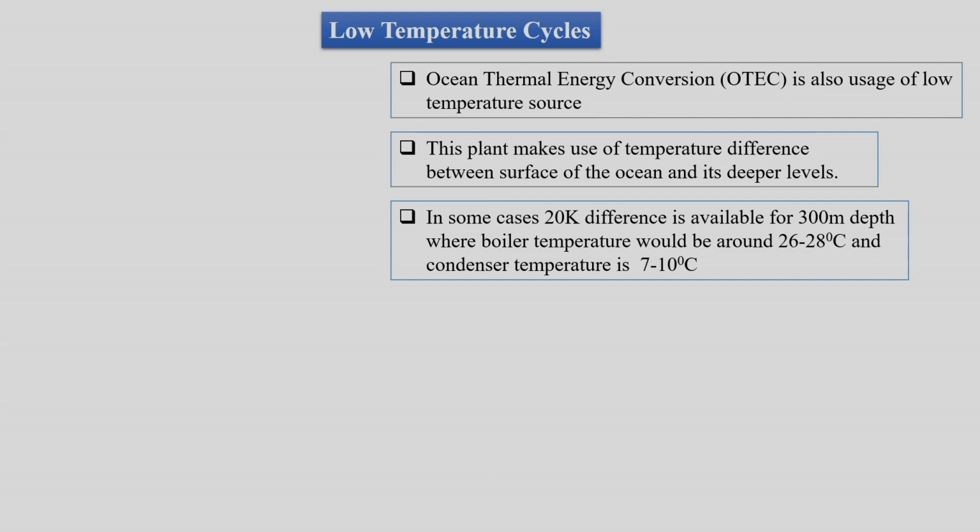In certain places we can get this difference, where 26 to 28 degrees Celsius will be our boiler temperature and 7 to 10 degrees Celsius will be the temperature inside the condenser. This temperature difference can also be extracted for work output or electricity generation, and such conversion of ocean energy is called ocean thermal energy conversion.